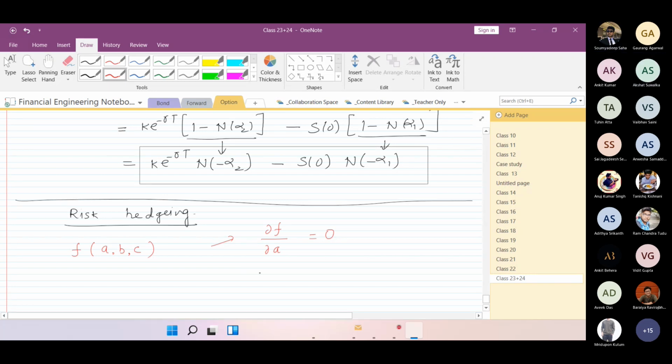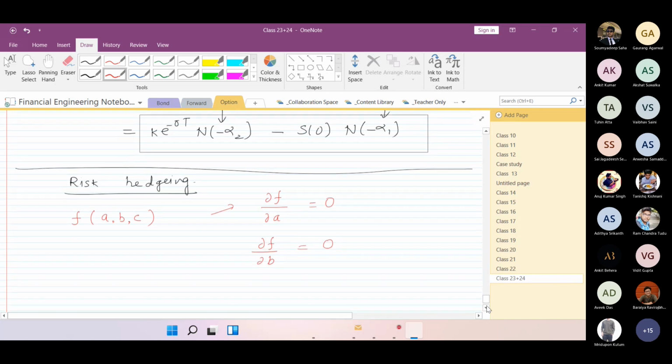Similarly, if I have been able to hedge risk with respect to b, the partial derivative of f with respect to b should also be equal to 0. A small change in b is not going to change the value of my function. Yes, sir. And third, with respect to c also this should be the same. Right. So this is how the Greeks have come.